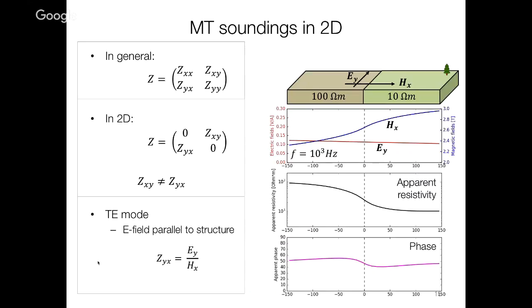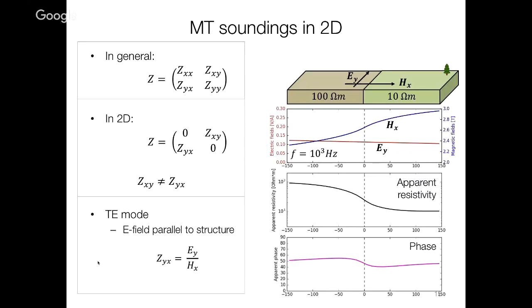And sigma is the inverse of the resistivity. So I should expect that the electric field will decrease as we go to the right. Yes, the constant current means that the electric field at this point is going to be different from the electric field there.